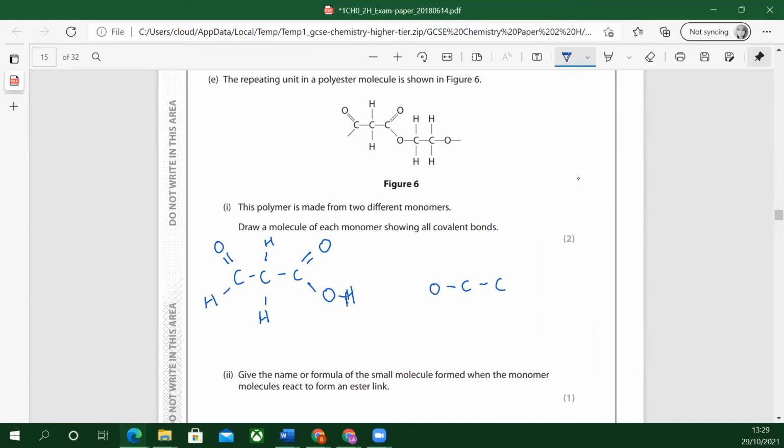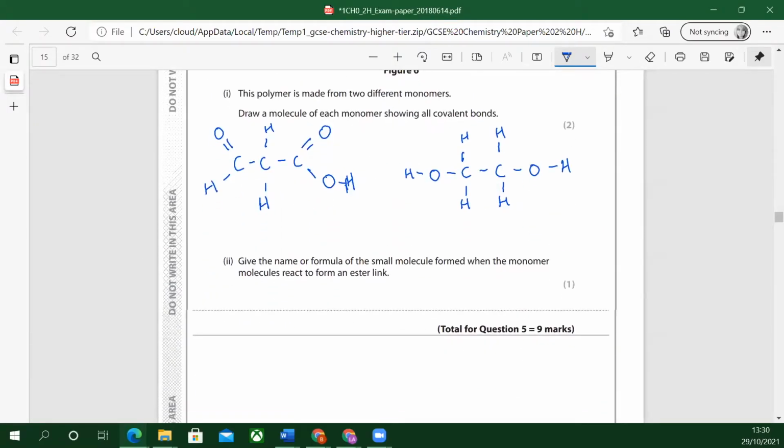O. H. O. And when you've got a line like that, that means it's bonded to something else. So it'll be H's. If it's just a line with nothing on it, that means it's a H. It's quite a tricky one to do because it's got a line. That means there's a H there with that one.